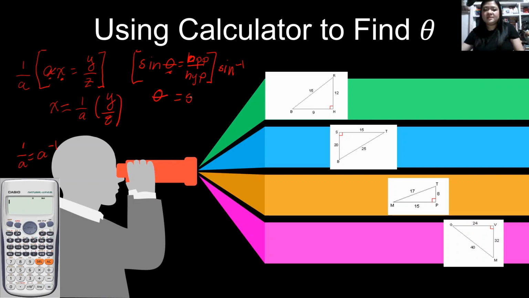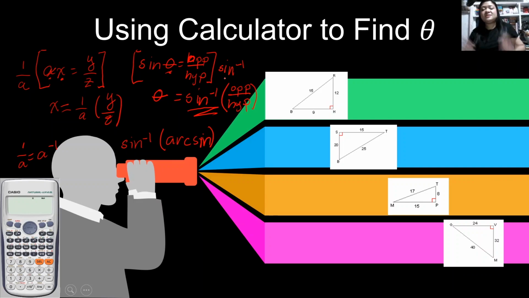And this will be sine raised to negative 1 times the quotient of the opposite and the hypotenuse when divided. Okay, so we will use this inverse trigonometric function, the inverse of sine, which is sine raised to negative 1, or what we call the arc sine. Okay, so sine raised to negative 1 is also known as the arc sine.